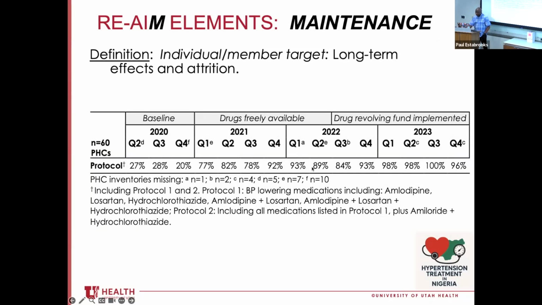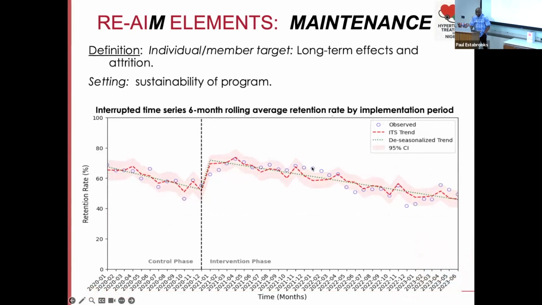I'm going to show some other results. When we look at the 6-month rolling period, this is looking at retention rate: how many patients were we able to retain for 6 months continuously? This red line shows the trend of patients that we were able to retain in treatment in this study.